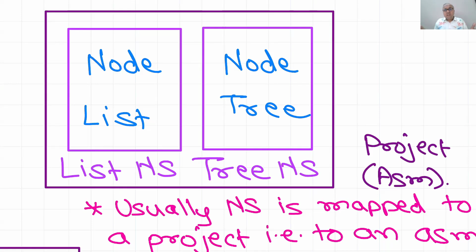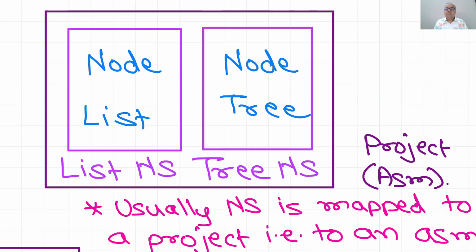If two different developers are working on the list code and the tree code, technically it will work very well. There is no problem. But when these two codes are to be combined into the same project, there will be an error. That Node class is getting duplicated.